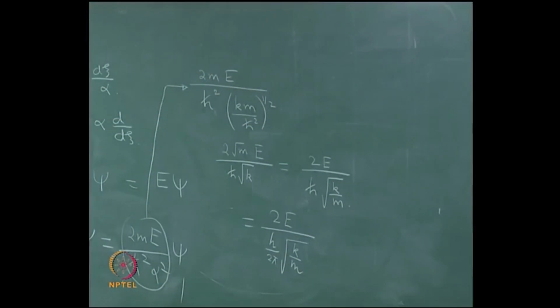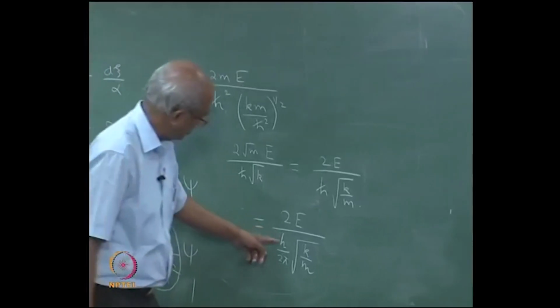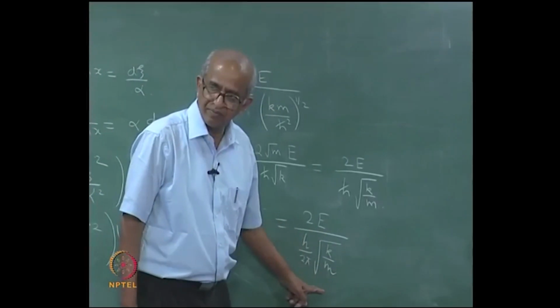Right, and that again is nice, because you have 1 by 2 pi into square root of k by m.